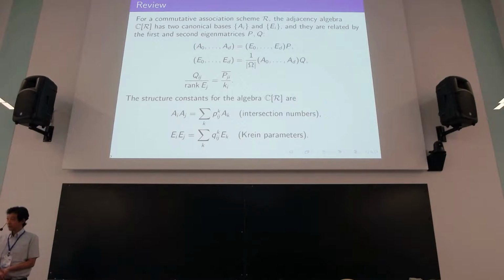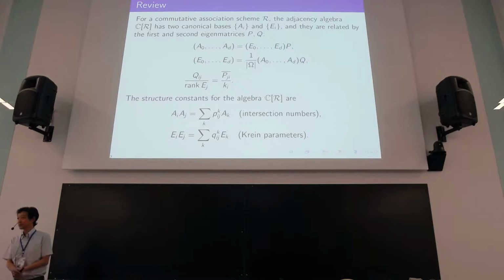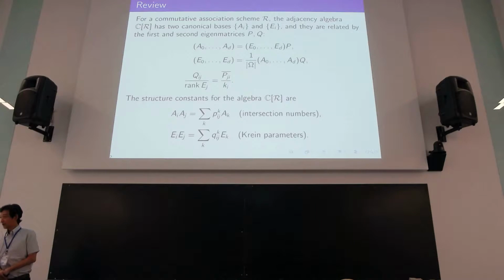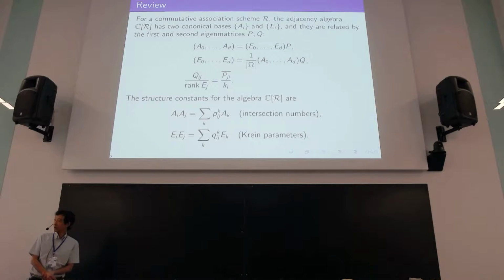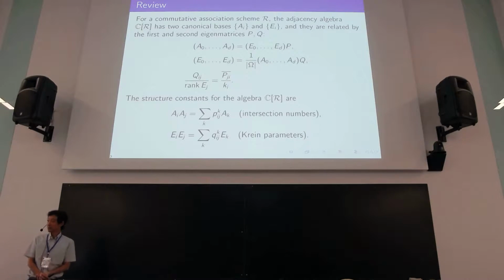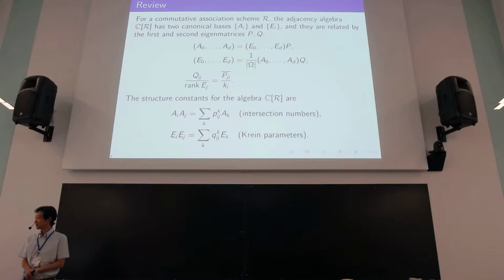Then there are two bases of this adjacency algebra. One is, of course, the adjacency matrices, and the other is called the primitive idempotents. And then there are two base change matrices, P and Q, which are just inverse to each other up to a scalar multiple.